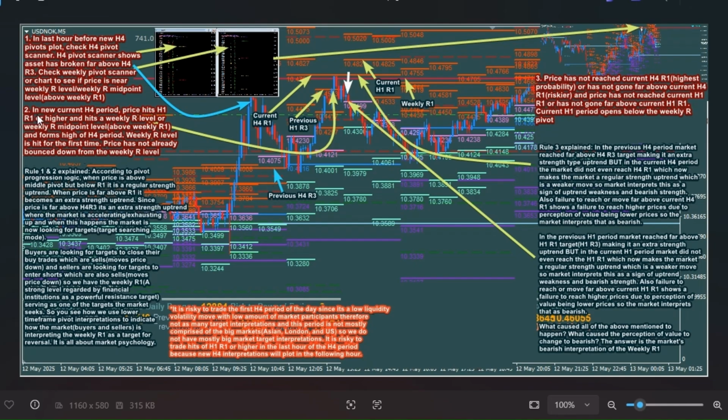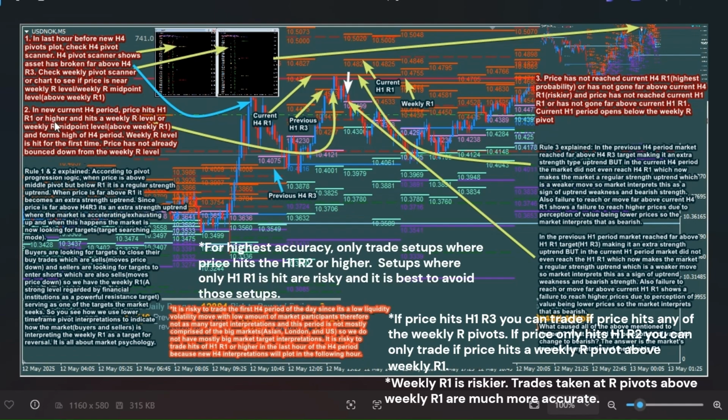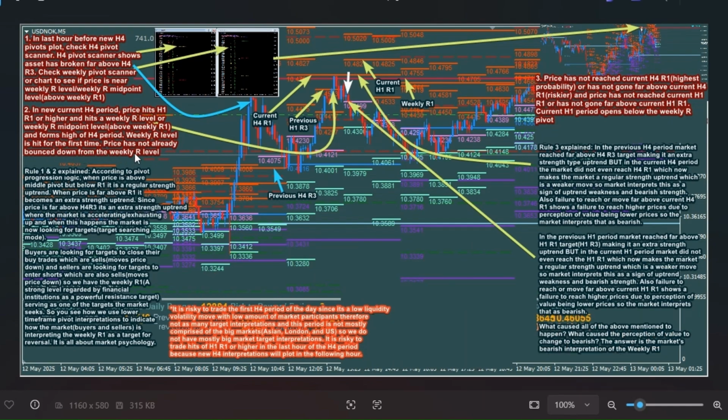Rule number 2: in the new current H4 period, price hits H1 R1 or higher and hits a weekly R level or weekly R midpoint level above weekly R1 and forms the high of the H4 period. The weekly R level is hit for the first time. Price has not already bounced down from the weekly R level.